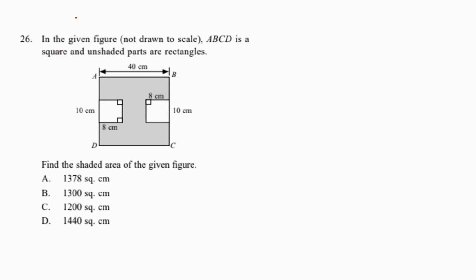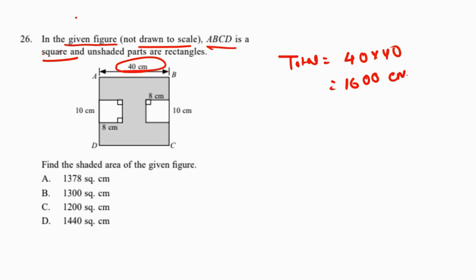Moving on to the next question, in the given figure not drawn to scale, ABCD is a square of dimension 40 centimeter, okay? And there are 2 unshaded rectangles. So what's the total area of the given figure? Since it's a square, side into side, that's 1600 square centimeter. Now, the area of the unshaded rectangles would be 8 into 10, which is for 1.